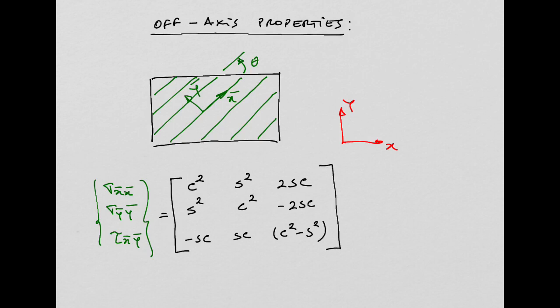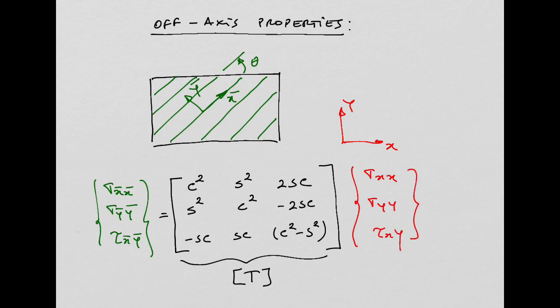So we call this transformation matrix T. And then what I have to do is multiply this transformation matrix with the stress field in the global coordinate system, the one in red.